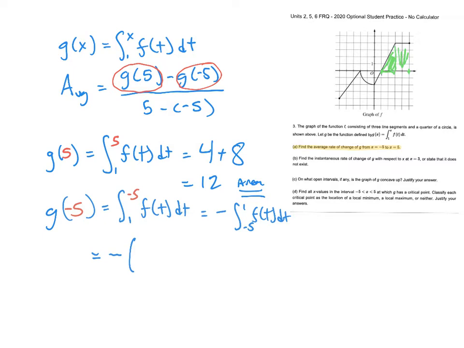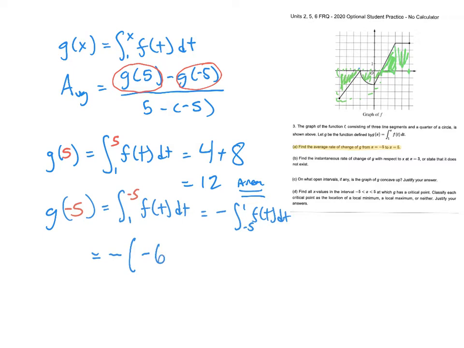these areas. From -5 over to 1, it's this section of the graph here. So we have a triangle, we have a quarter circle, and then we have another triangle. Now remember, these areas are below the x-axis, so they are negative. So that first triangle is going to be a negative, and then what is it? It's 1, 2, 3 by 4, that's 12. 12 over 2 is 6, so that's -6.